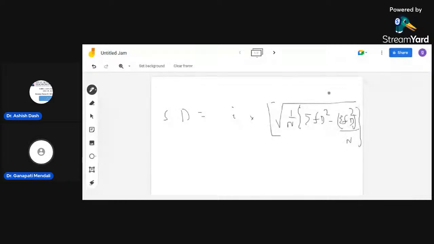Suppose we are given frequency data, say classes 0 to 10, 10 to 20, 20 to 30, then frequencies are given. You can refer to page number 35 of your study material.